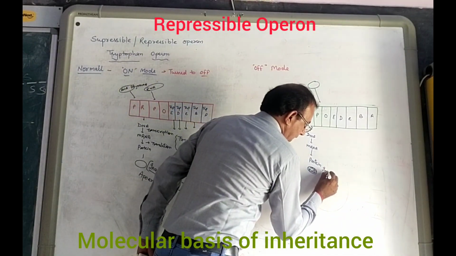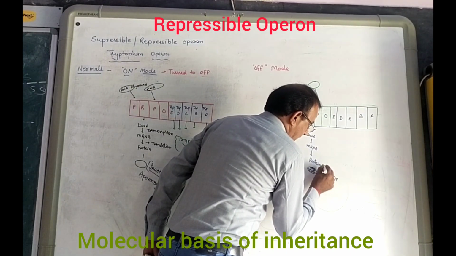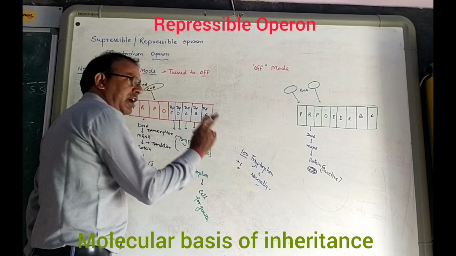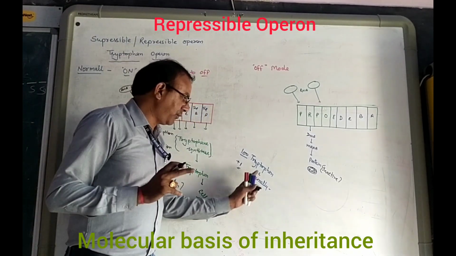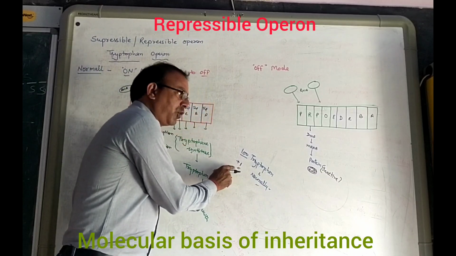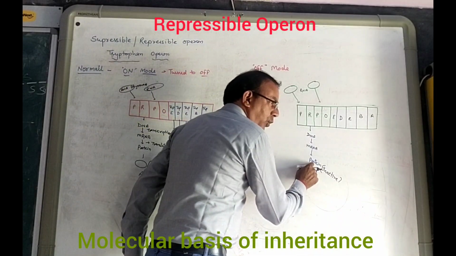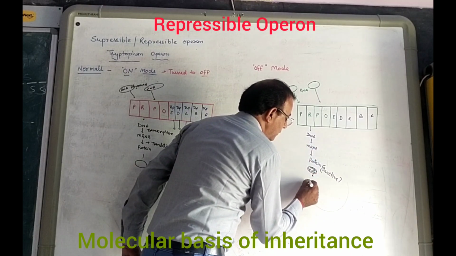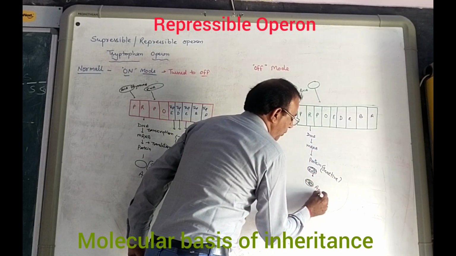It is inactive, and the inactive protein is known as apoenzyme. But as one extra tryptophan is produced, this extra tryptophan binds with the protein, the apoenzyme, and it changes into activated protein.